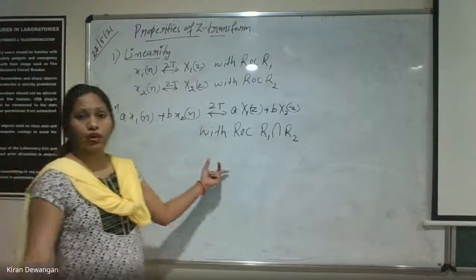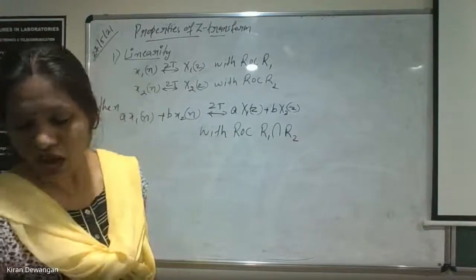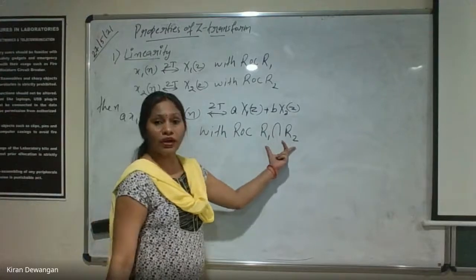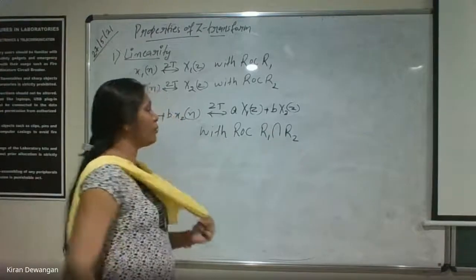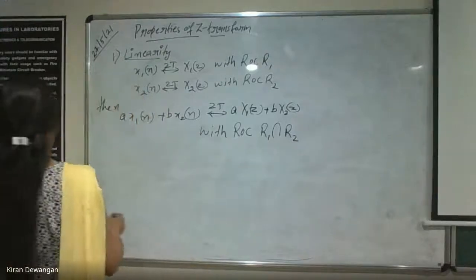Now this one is an important thing that we need to understand, that what the ROC will be. The ROC will be R1 intersection R2, that is the common intersection, meaning the common region among R1 and R2, that is going to be our ROC for the first case.